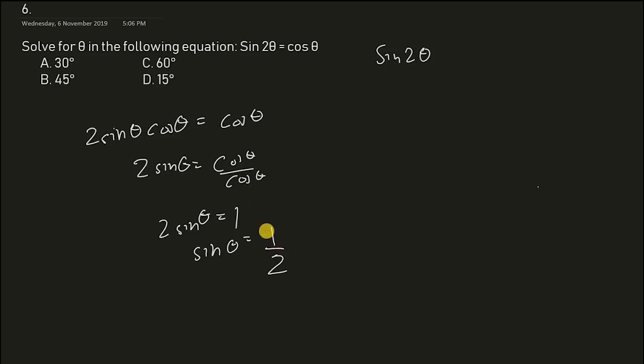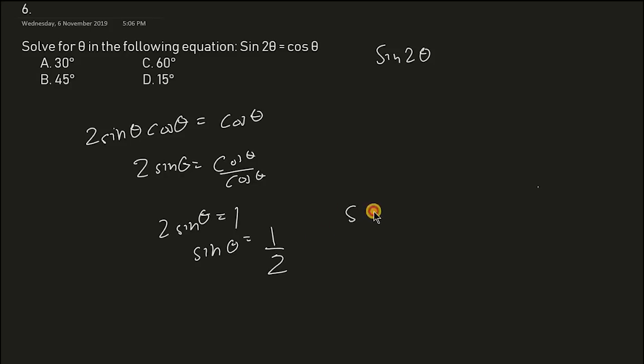Here, guys, mapapansin nyo, we have a value 1/2. Naaalala nyo pa ba yung mga special triangles nyo? The 30, 60, 90, the 45, 45, 90 special triangle. Naalala nyo ba kung ano yung mag-result sa 1/2? Basically, ay yung may side na 1 is a 30-degree angle.